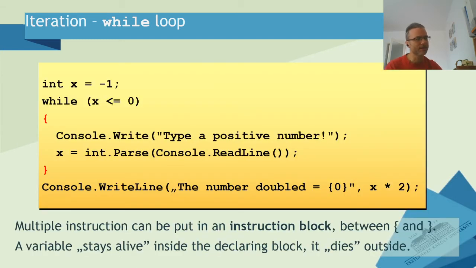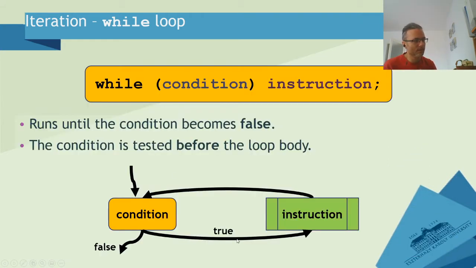Okay, here is a very similar example with a console application. So here, what does this do? Let's just start at the beginning. We assign -1 to the variable x, then we check this condition. Is this true or false? It's of course true. So since it is true, we go for the instruction. It is also called the loop body.